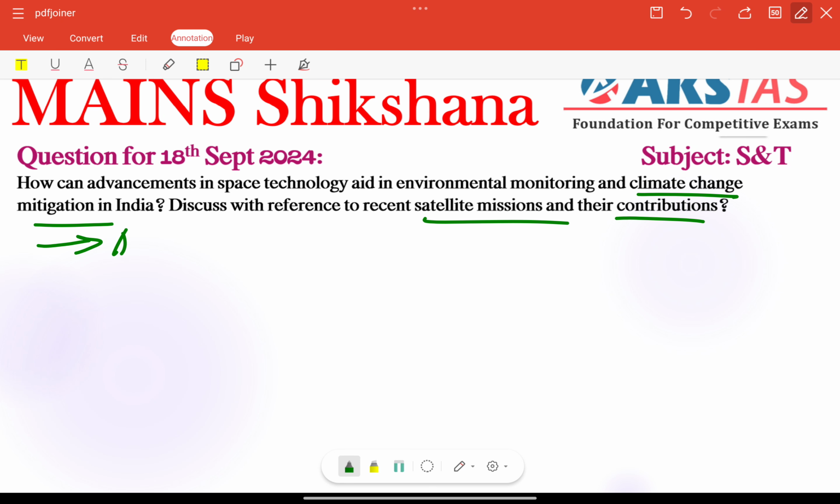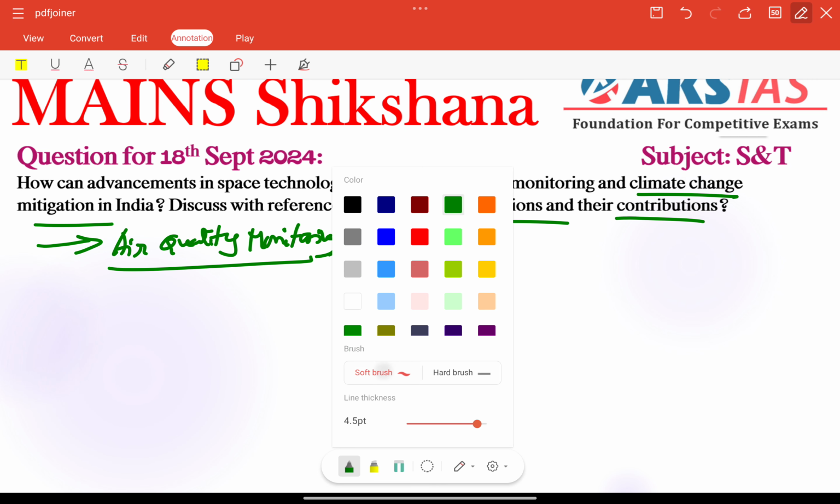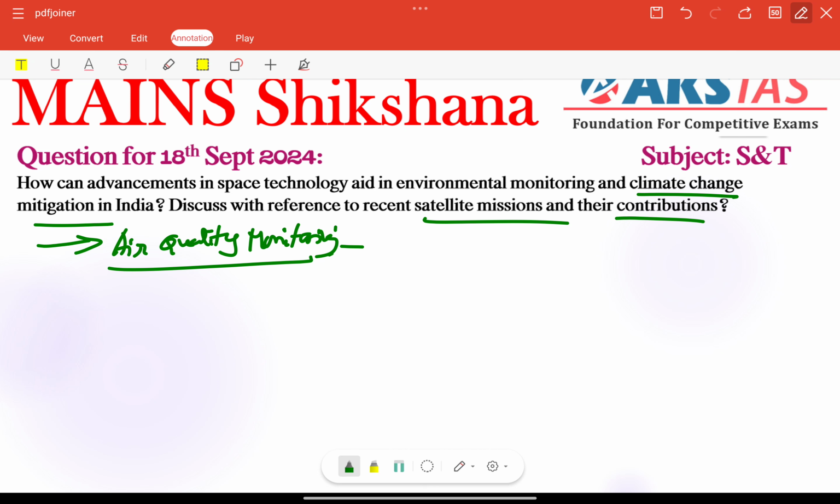Air quality monitoring is very important, considering our climate change, especially air quality monitoring, right? Here we need to focus on important examples. Again, we have INSAT 3DR, right?